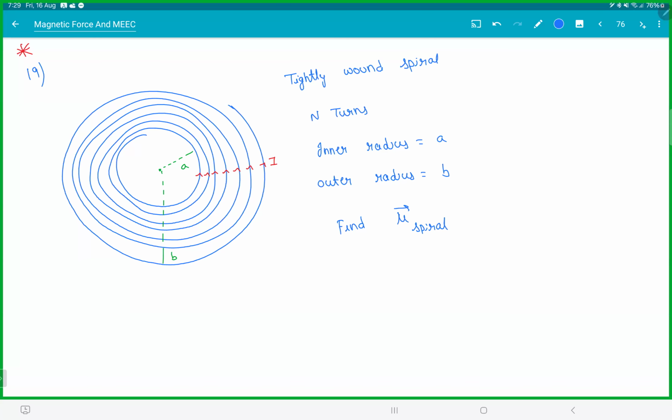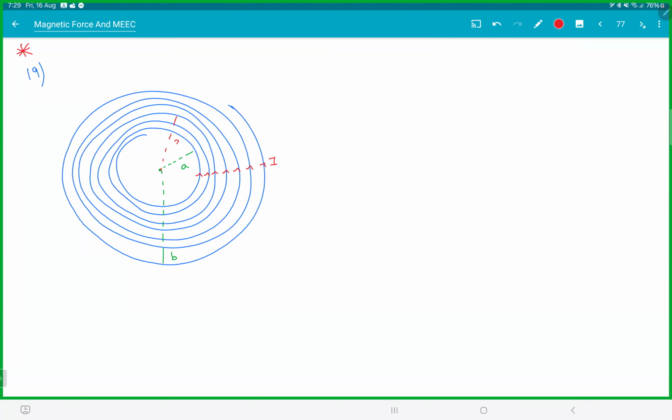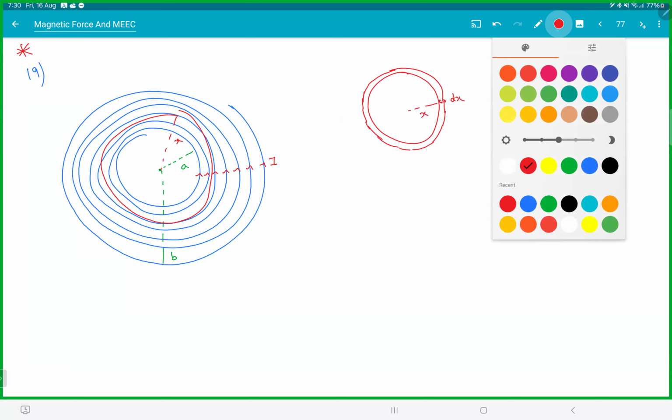So listen to the idea here. Whenever you get a spiral, this is the thing. At a distance x, take a thin element dx.